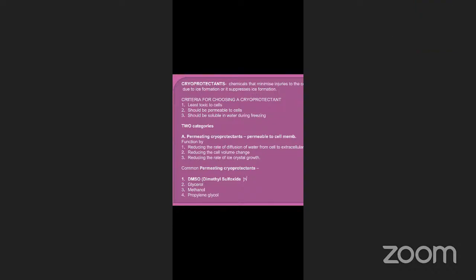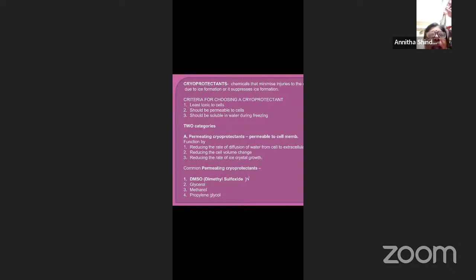Okay. Now there are two categories, or two types, of cryoprotectants. One is called a permeating cryoprotectant, which is permeable to the cell membrane. What is the function of this permeating cryoprotectant?